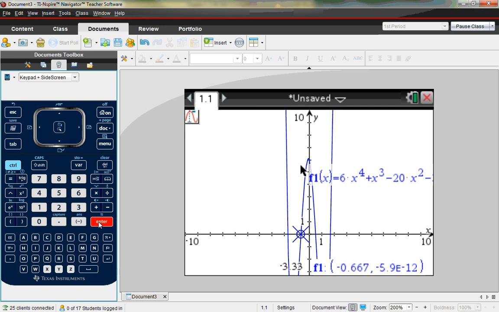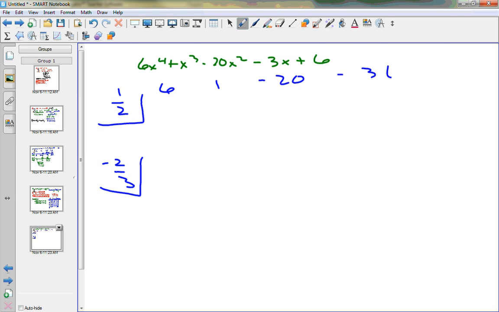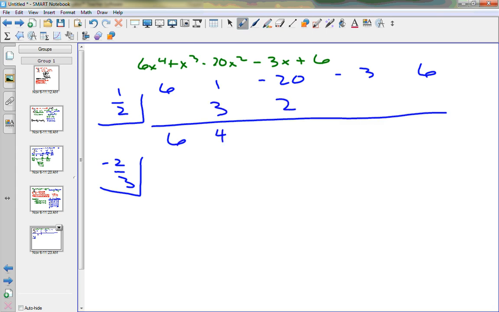Do we understand that? So I immediately come back over here and I'm going to have two roots that I need to do synthetic division on. I need to do it at 1/2 and negative 2/3. 6, 1, negative 20, negative 3, 6. Half of 6 is 3, half of 4 is 2, half of 18 is negative 9.